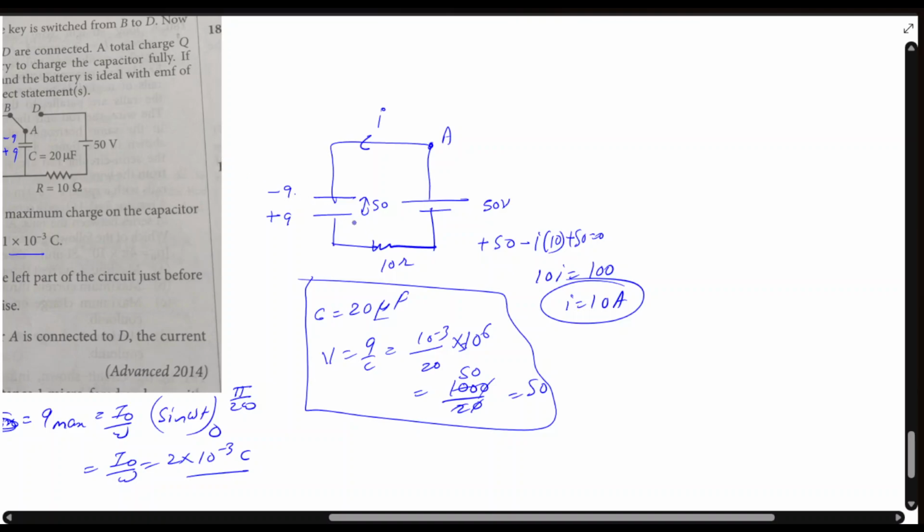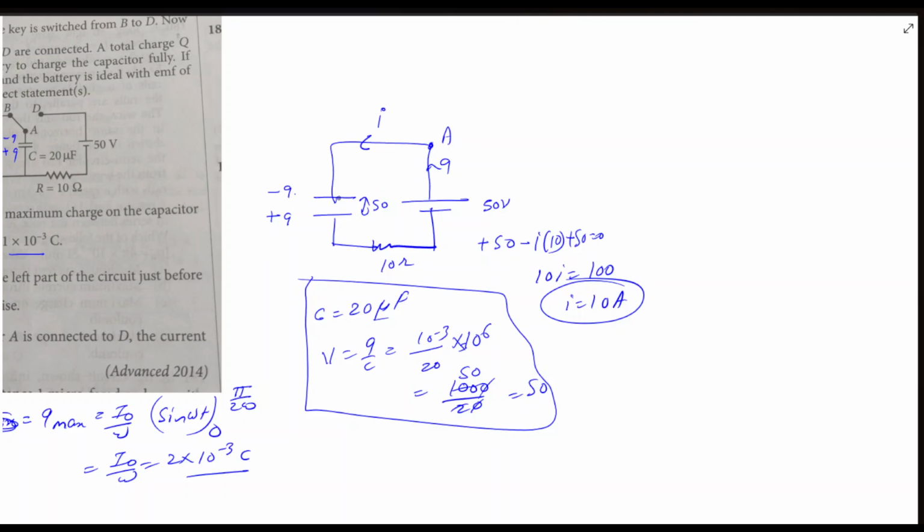So after a long time, what happens is this starts to give charge Q to this, right? So this will become 0, then this will become negative, and eventually what will happen? This will become plus Q, this will become minus Q, right? And all the potential which was 50 volt, it will become 50 volt here. Look here, this was at a less potential, this was at high potential.